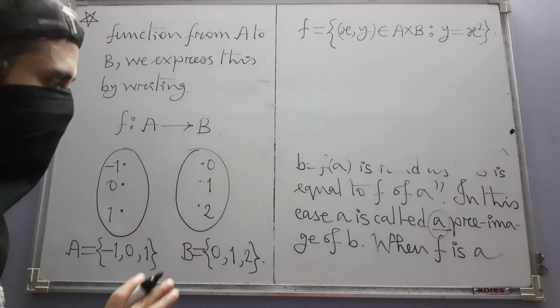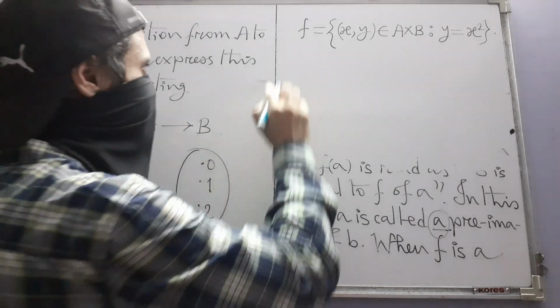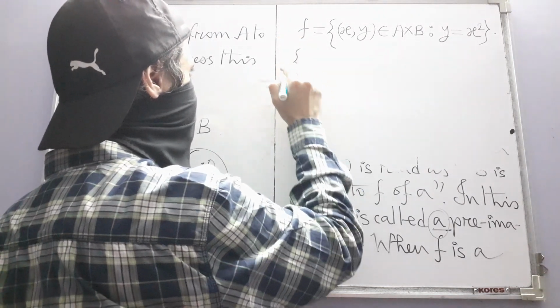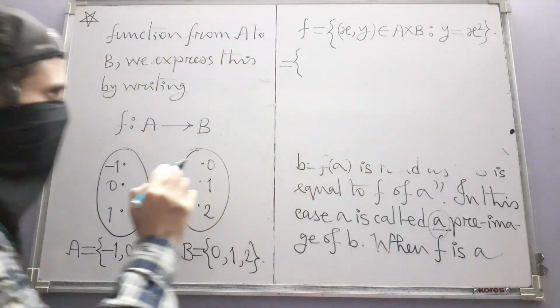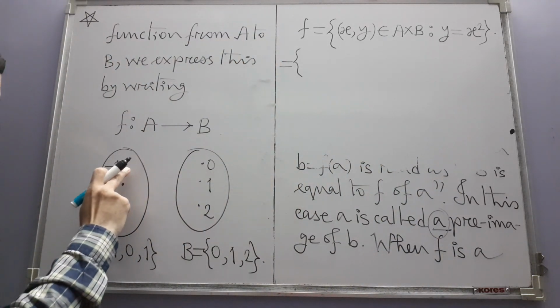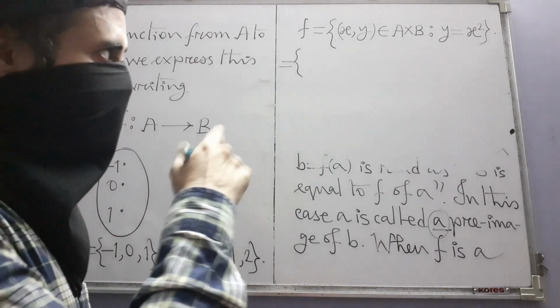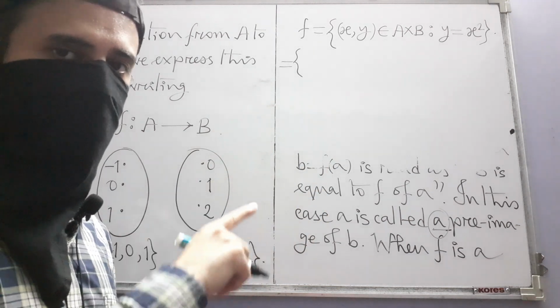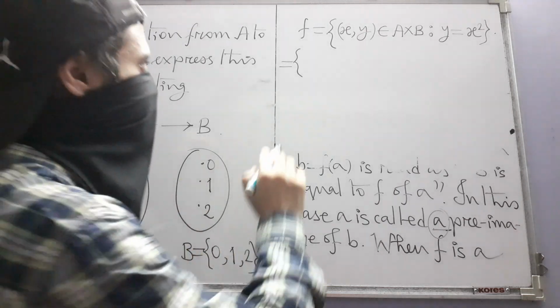so that before seeing this, let's just see it as a set. What is it that we will get? The elements of A have to be taken: -1, 0, 1. And the second coordinate of each such pair in F will be the square of the first coordinate.